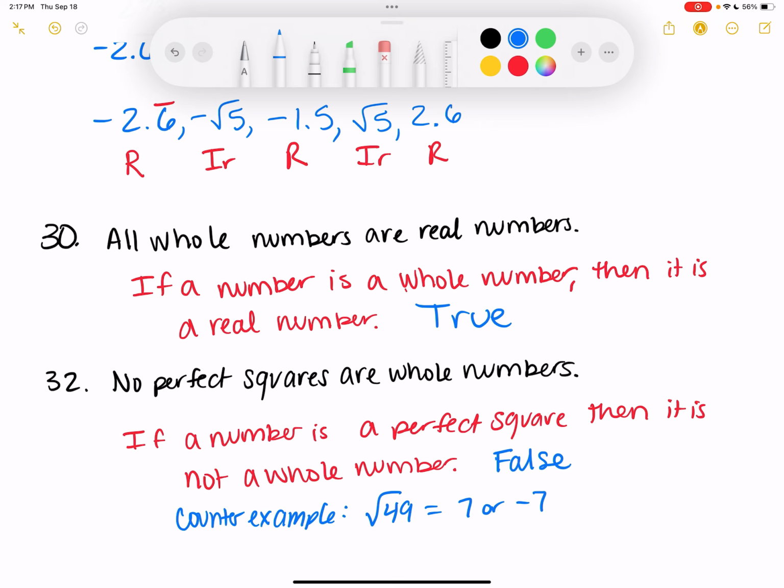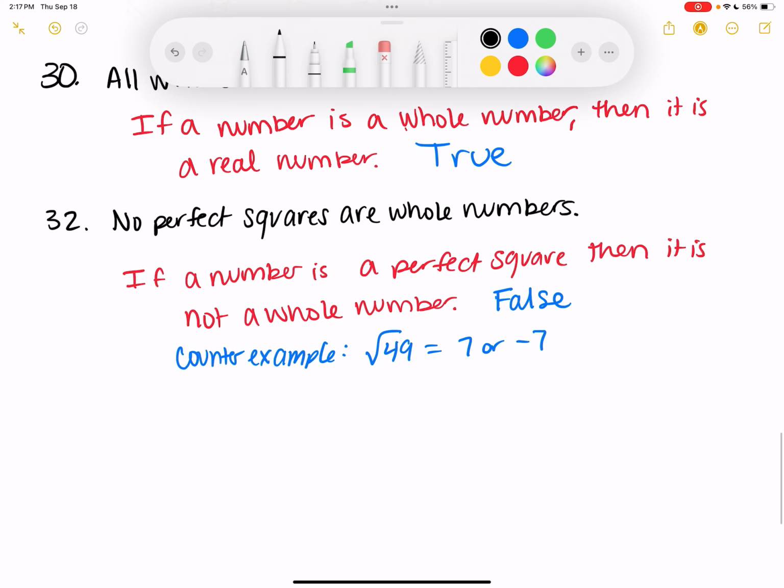Negative 7 squared is 49 and 7 squared is 49. Okay. All right. 34. Evaluate the expression for the given value of x.